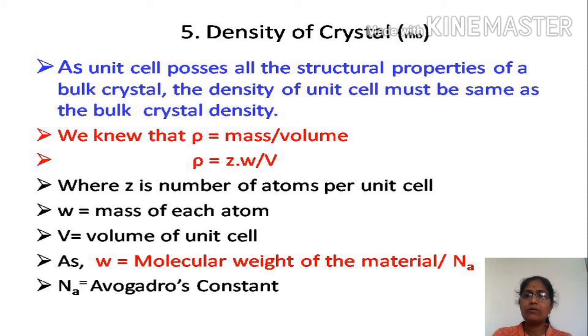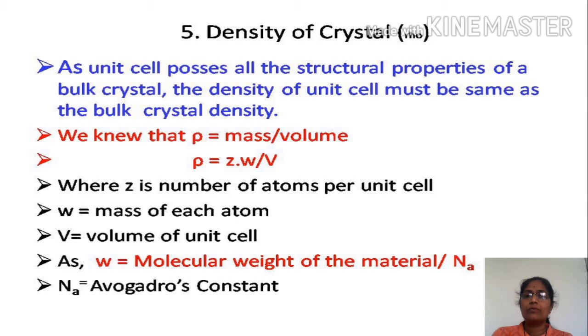So substituting the value of mass in the above formula, rho is equal to Z into weight of atom divided by volume. Let's say Z is the number of atoms of the unit cell, W is the mass of each atom, V is the volume of unit cell. As we know that weight is nothing but molecular weight divided by Avogadro's constant.